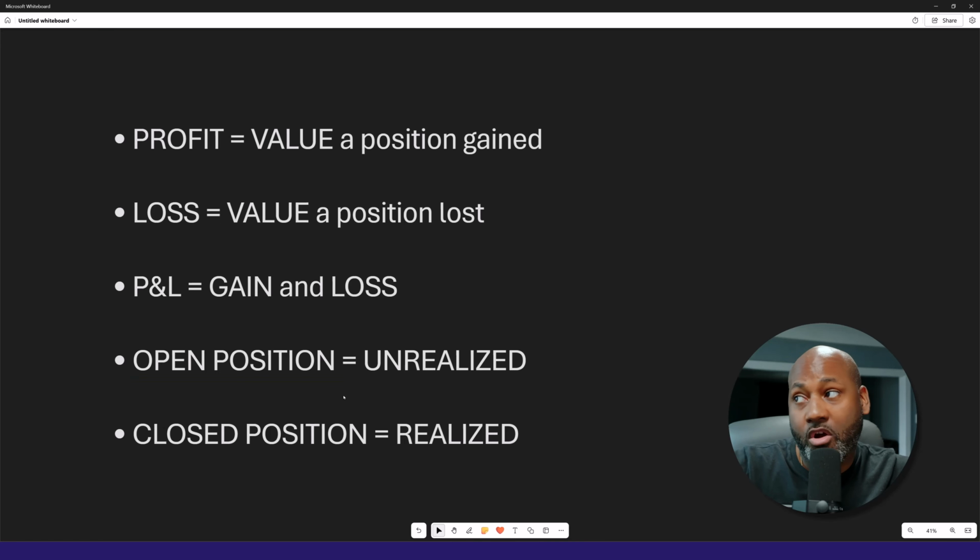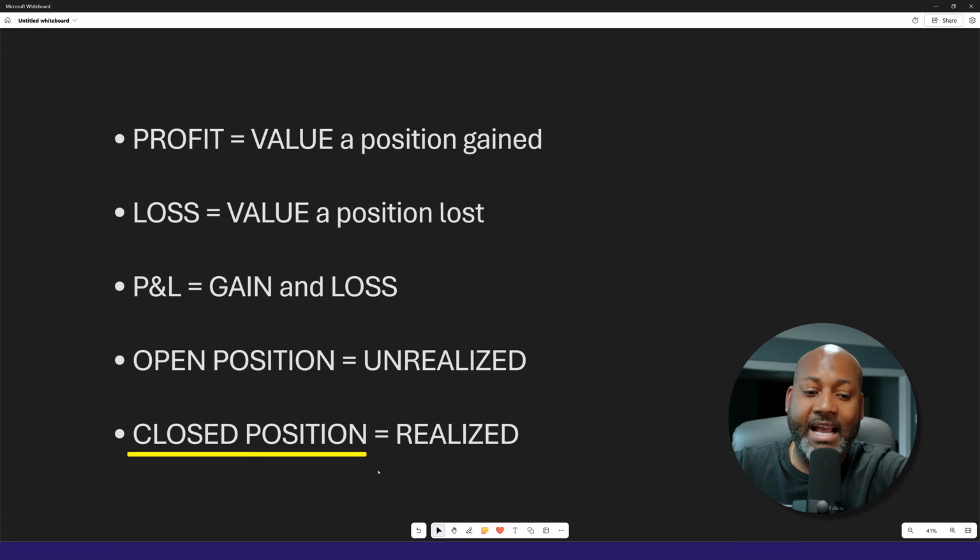Now, we go to the next one. A closed position. When you close the position, now that value has become realized. It's real now. It's not subject to what's going on in the market anymore. It's not rising or falling based on the movement of a price. It's locked in.